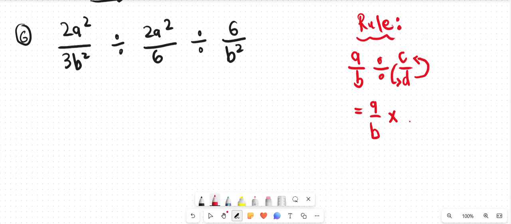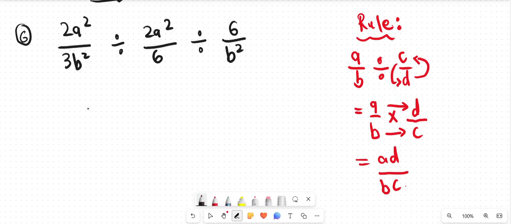Tip, swap, switch, whatever word you want to use. The second fraction will look like this, and at this point you can times the a and the d to get AD, and the b and the c to get BC. That's how you go about doing division. We can never divide, but we can tip and we can times.